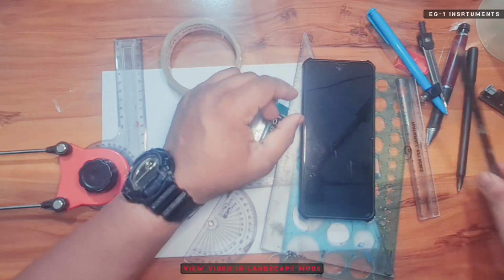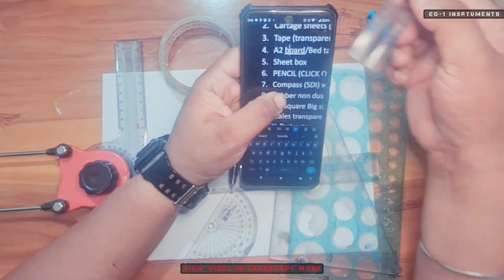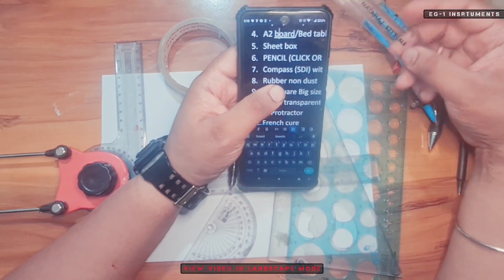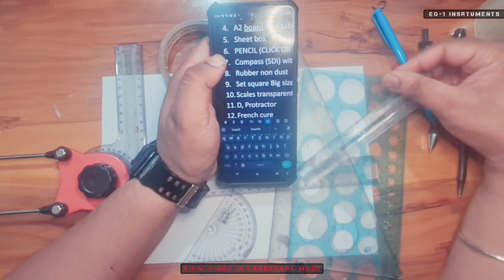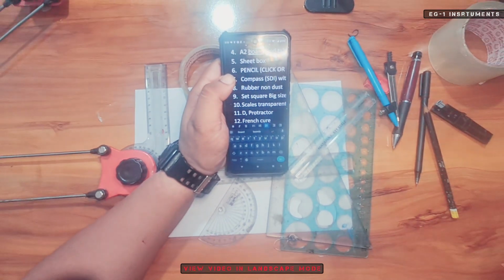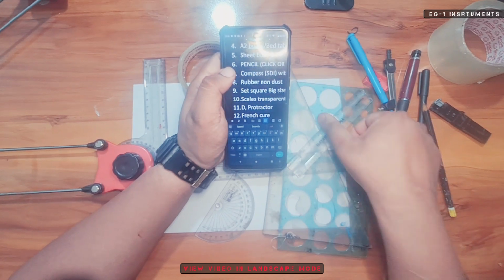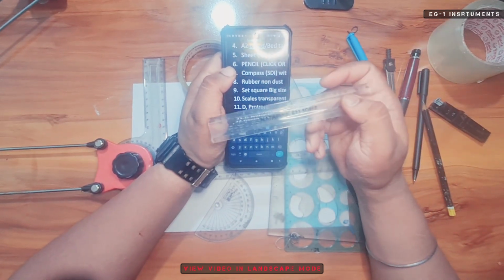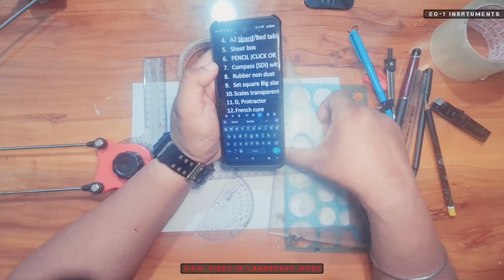Another thing you need to purchase is scales. This is a small one, and you need to purchase the bigger one also, a 15 centimeter and a 1 foot scale. This is a 15 centimeter scale, and you should also have a 1 foot scale. This is a set square.